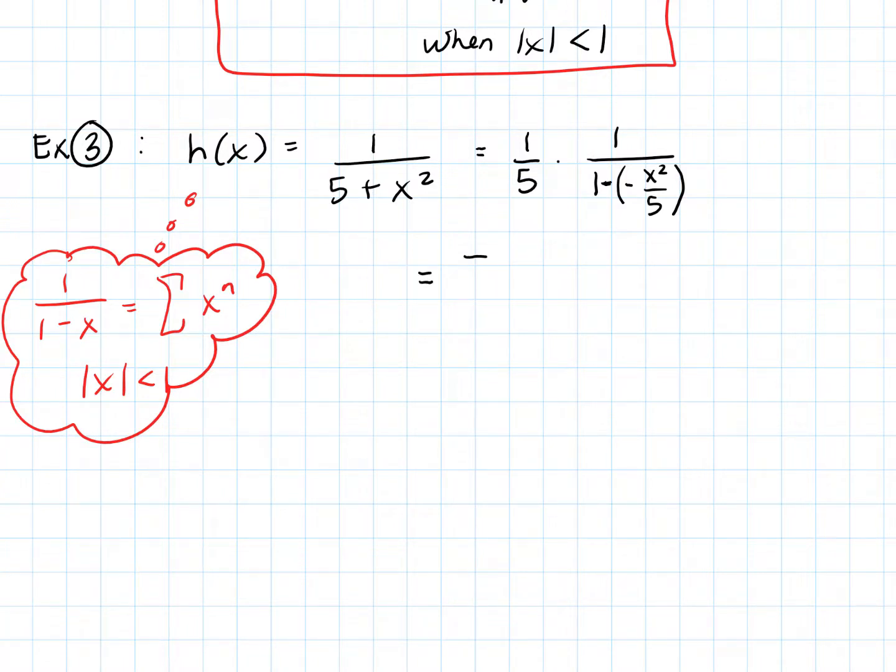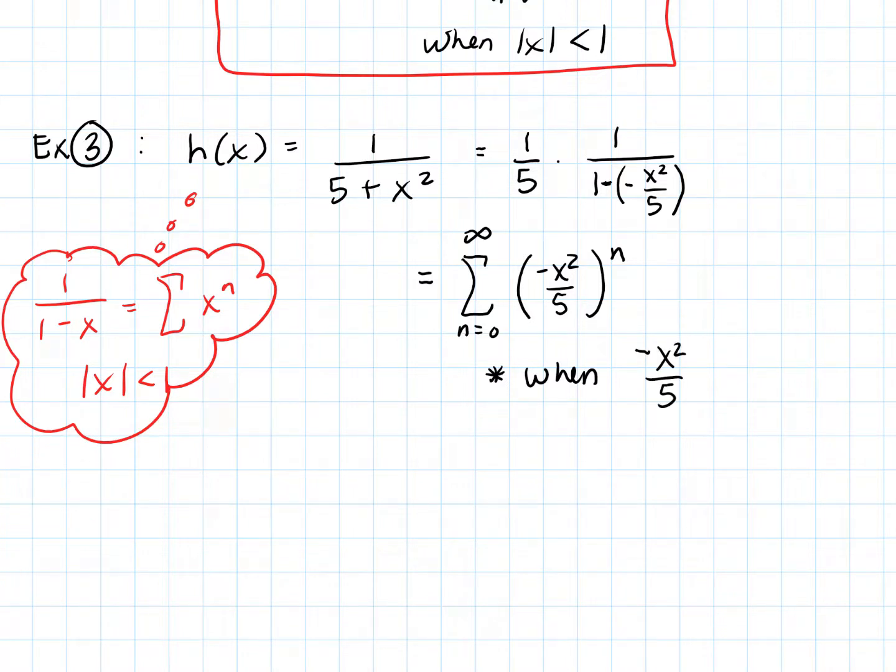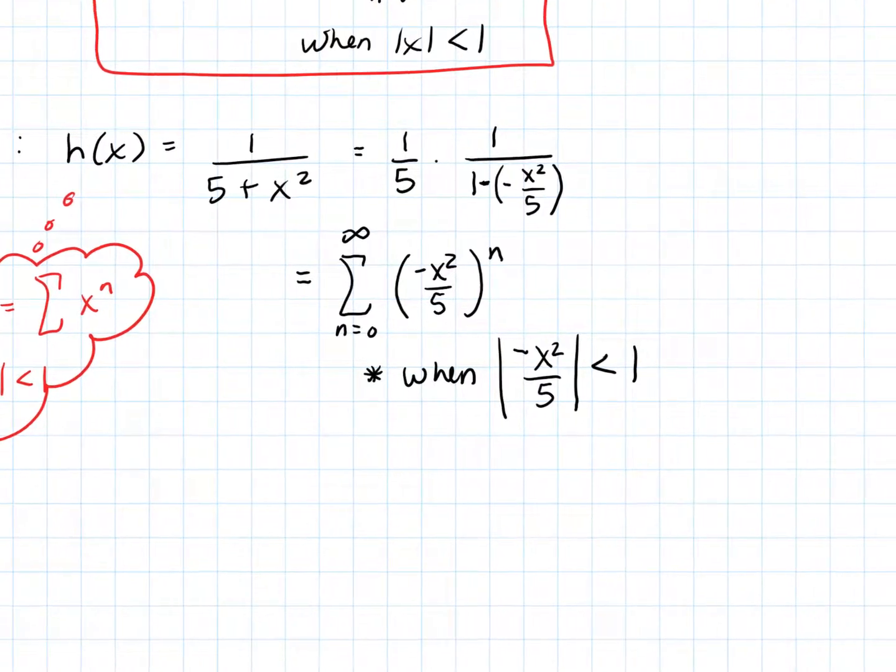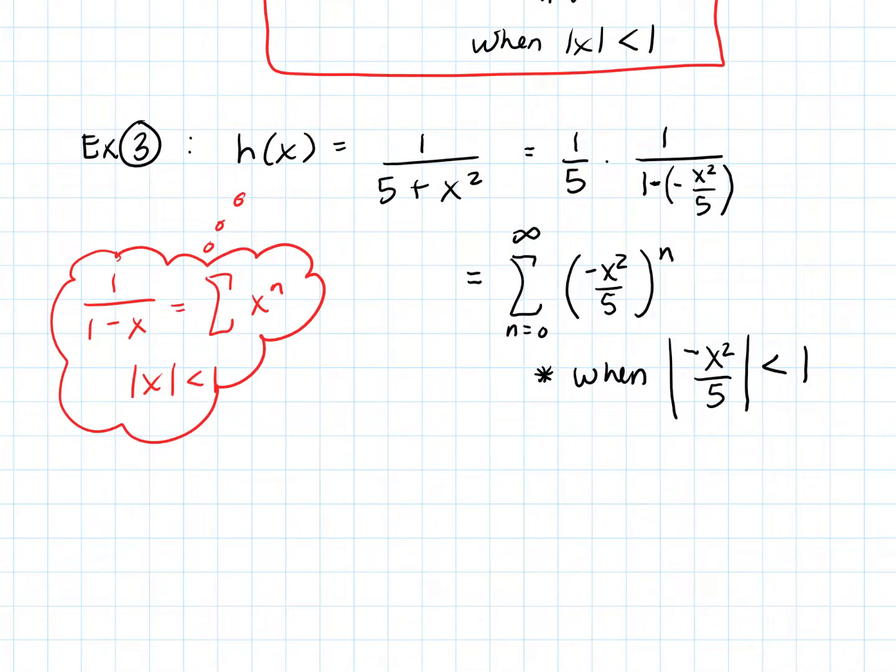So that must be equal to the power series from n equals 0 to infinity of negative x squared over 5 to the nth, as long as, and I have to always have this little statement, this is important, as long as that quantity that I'm replacing x with, that negative x squared over 5, in absolute value is less than 1.